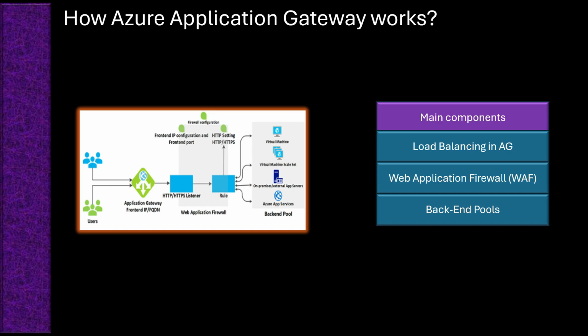To summarize, Azure Application Gateway provides a comprehensive solution for managing web traffic securely and efficiently. Through its load balancing capabilities, web application firewall, and backend pool management, it ensures that your web application can handle a high volume of traffic while remaining secure and resilient to common web threats.